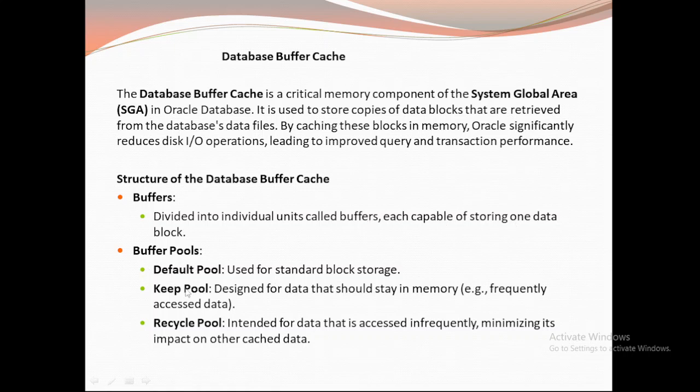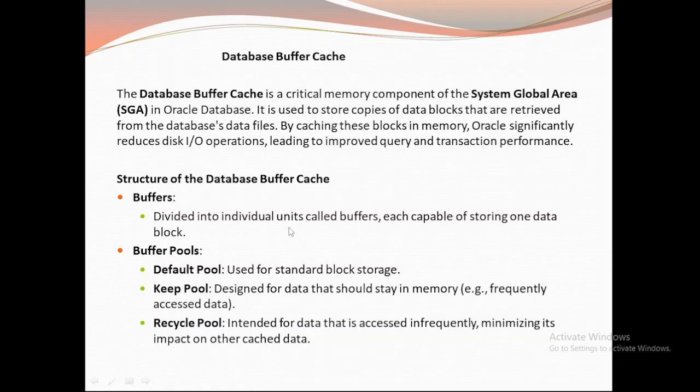Buffer pools: there are different pools. The default pool is used for standard block storage. The keep pool is designed for data that should stay in memory, frequently accessed data. If you have 10 queries and 2 or 3 of them are accessed frequently, those will be saved in the keep pool.